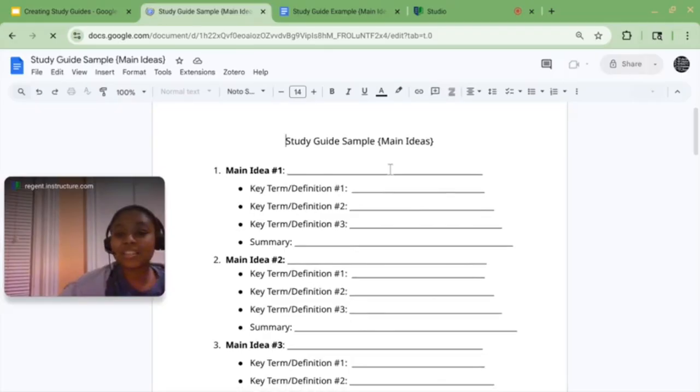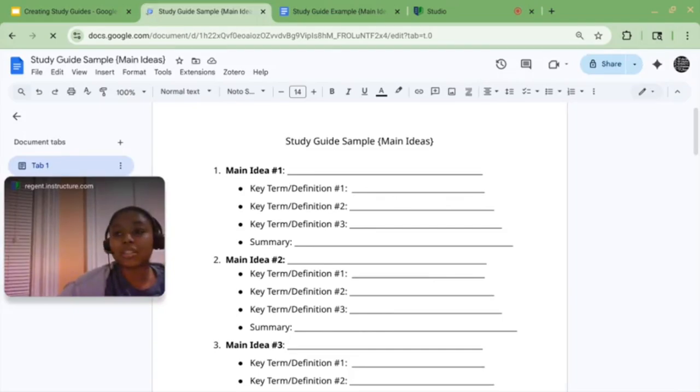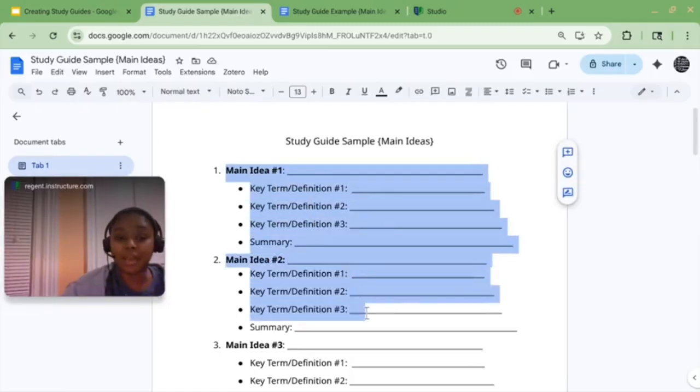So essentially, this is my Google Docs, and I have 3 different templates. So typically, how you organize your study guide really depends on who you are, how you learn, but also the type of test or exam you're preparing for. So for example, if your test is going to assess you on main ideas and how they're connected, then it makes sense to organize your study guide that way.